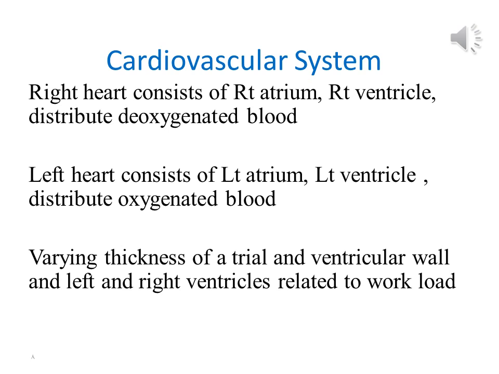The right heart consists of the right atrium and the right ventricle, and distributes the deoxygenated blood toward the lung to be oxygenated. The left heart consists of the left atrium and left ventricle, which distribute the oxygenated blood toward the body to provide an adequate amount of oxygen to the body parts.